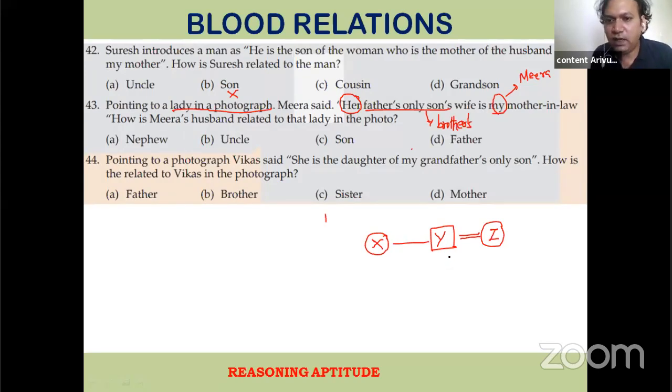Mira is the name of a girl. So mother-in-law means husband's mother. That means this person has a son. Let's call him A. And that son has a wife whose name is Mira. So that means this A is now Mira's husband.